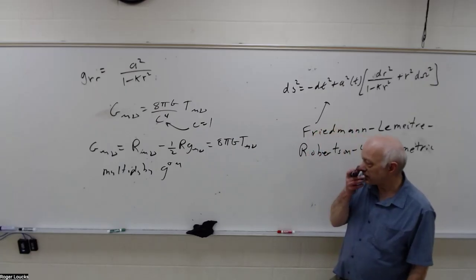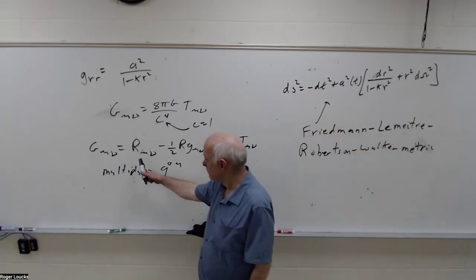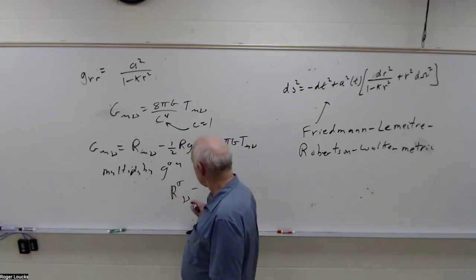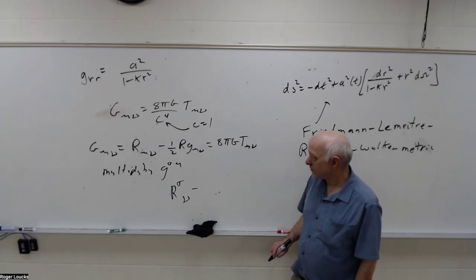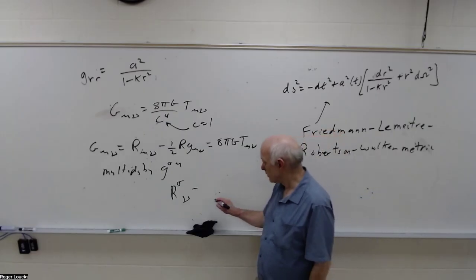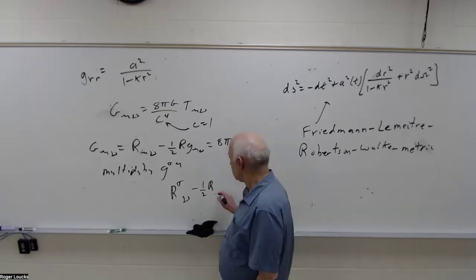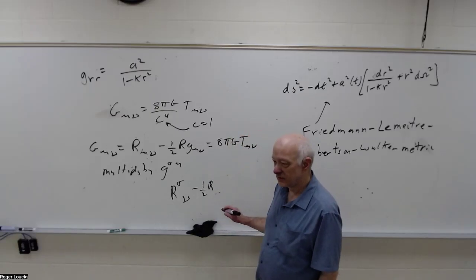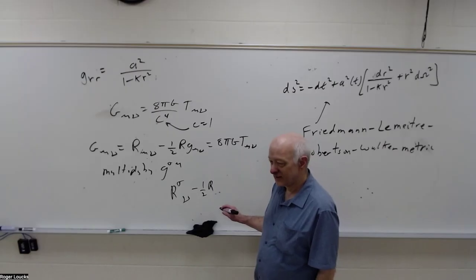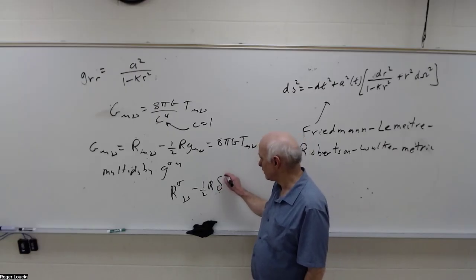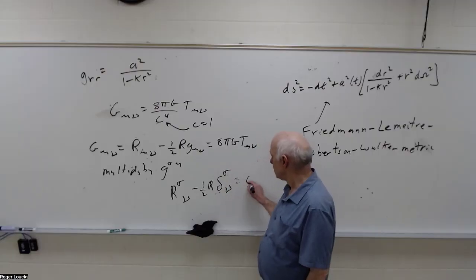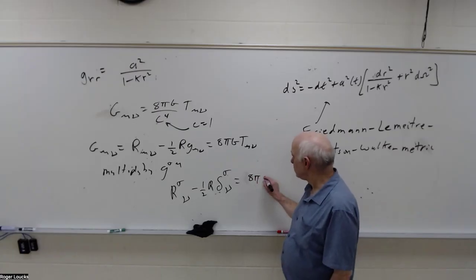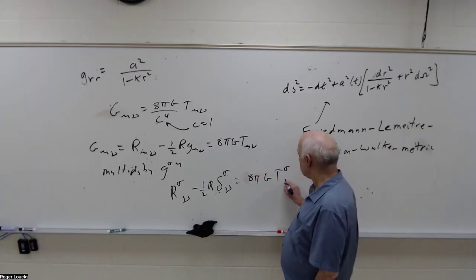This becomes R sigma nu minus 1/2 R times the Kronecker delta, the 4-dimensional Kronecker delta, equals 8 pi G T sigma nu.